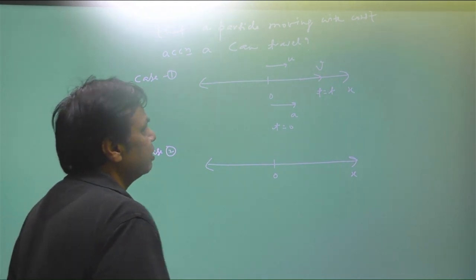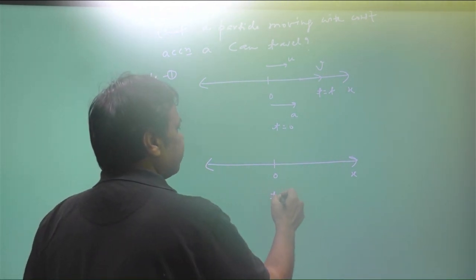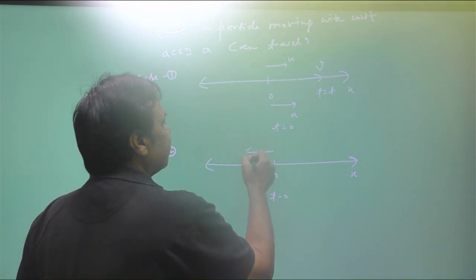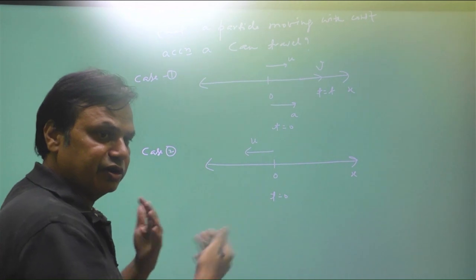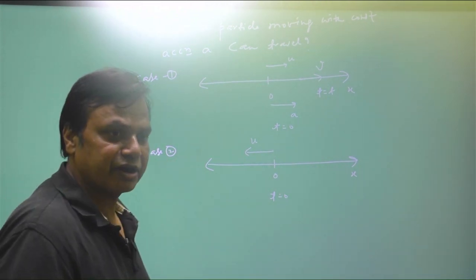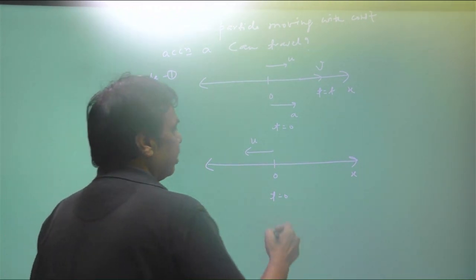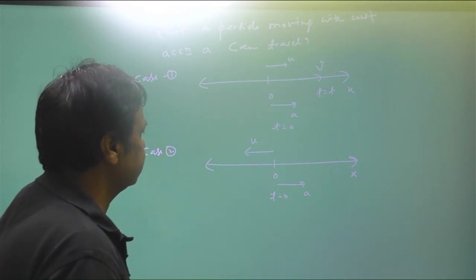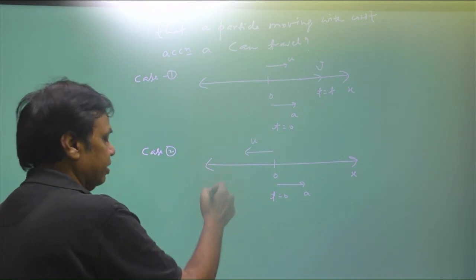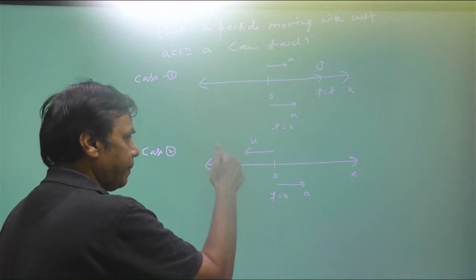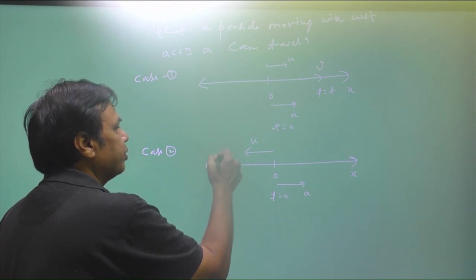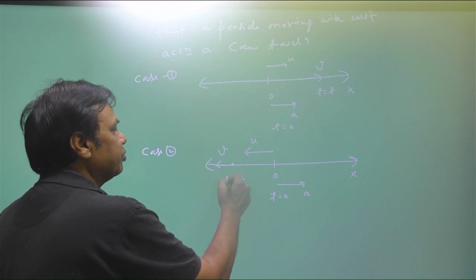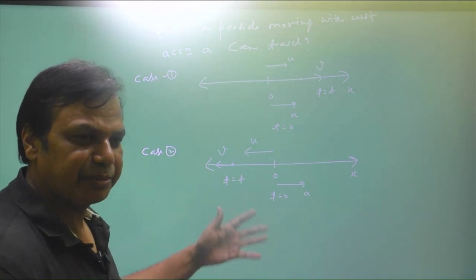Suppose the particle is at origin at t equals 0, and it has a velocity u in this direction, along the negative x-axis, and acceleration is towards right. So the particle will be somewhere here, moving with velocity v at time t equals t. It can be one of the conditions.